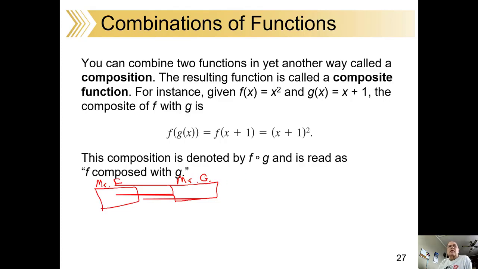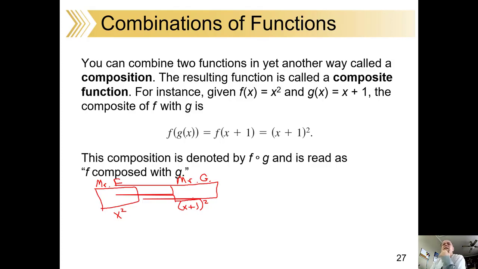F of x. This is how Frank works. You give him a number, he squares it, and hands the paper back to you with a squared answer. If you take a number to Mr. George, he takes the number, adds 1 to it, he's not finished, then he squares it and hands that back to you.